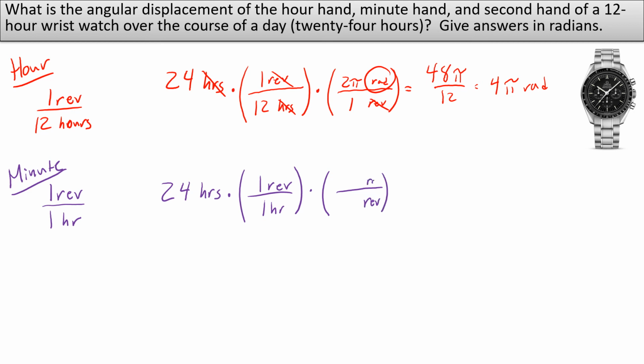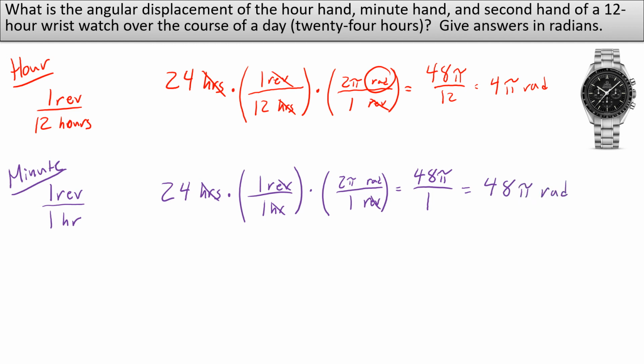So we go into radians. 1 revolution is equal to 2 pi radians. So now we have 24 times 1 times 2 pi, again 48 pi divided by 1, and we're left with radians. So this is equal to 48 pi radians.